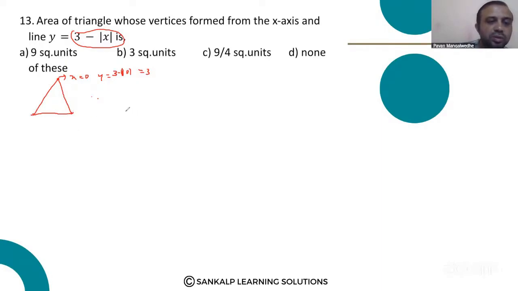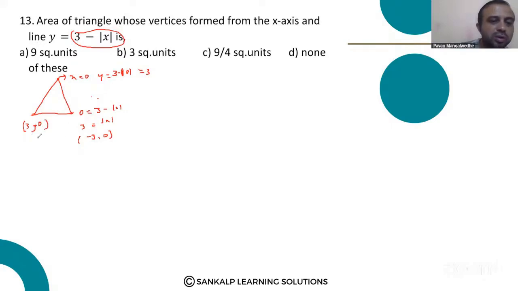Y equal to 0 means 0 is equal to 3 minus mod x, so mod x is equal to 3, which means x is minus 3 or 3. So the points are minus 3, 0 and 3, 0.